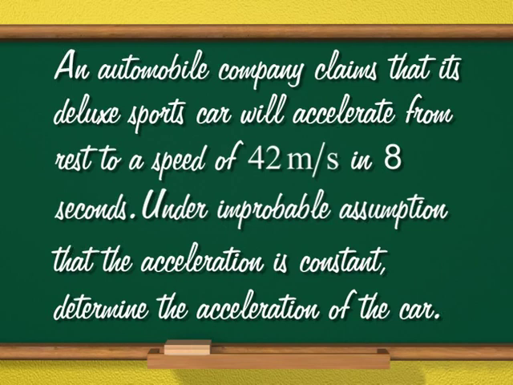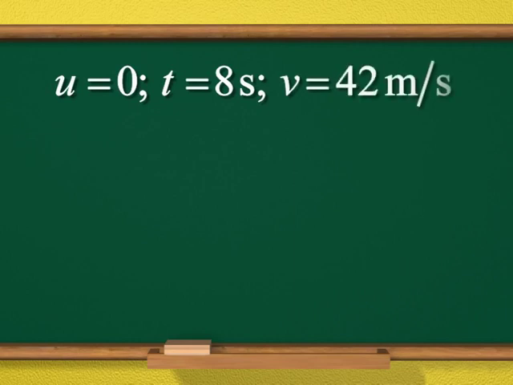It is to be noted that initial velocity of the car, that is u, is 0 and after 8 seconds, final velocity, that is v, is 42 meter per second.